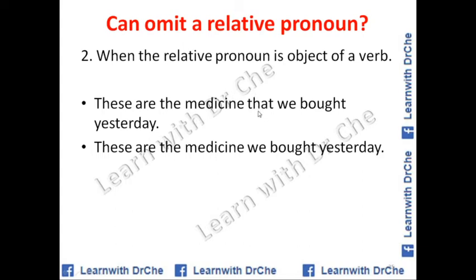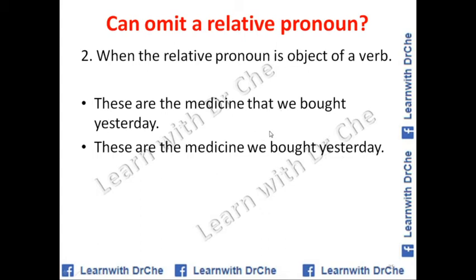Now, this is medicine that we bought. This is a relative pronoun as the object of the verb. So we can remove it. These are the medicine we bought yesterday.